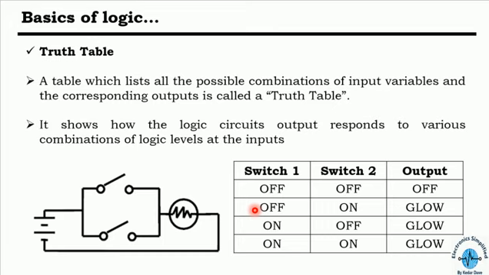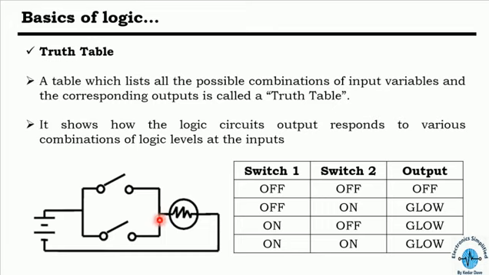This circuit performs different logic levels that can be defined by these switch combinations, and these combinations make a truth table according to its output, whether the bulb is glowing or not. So this is the basic thing.